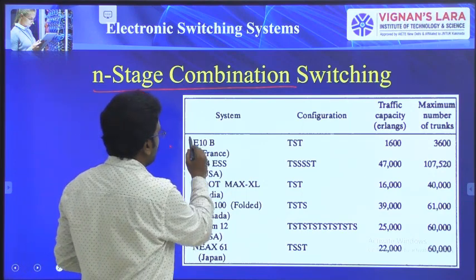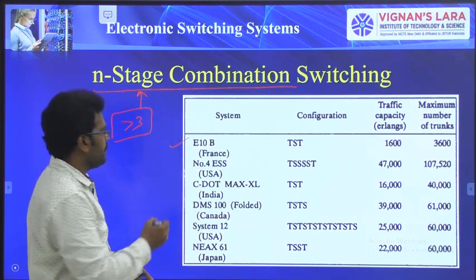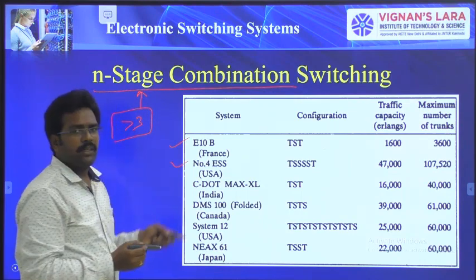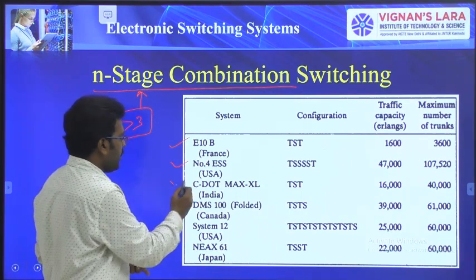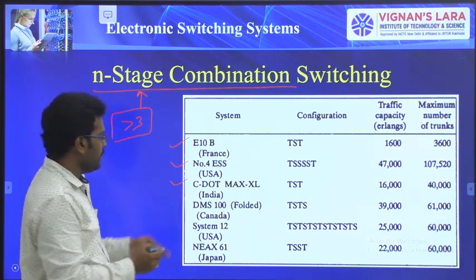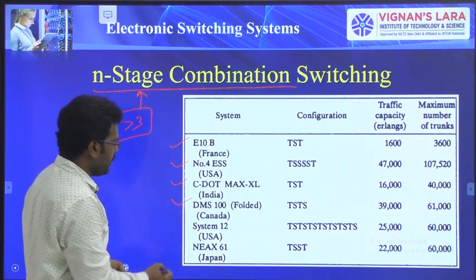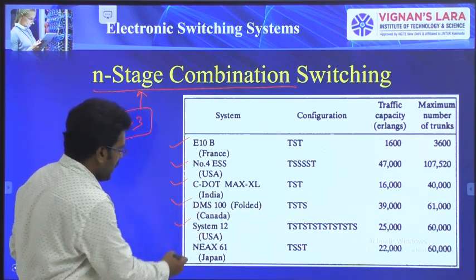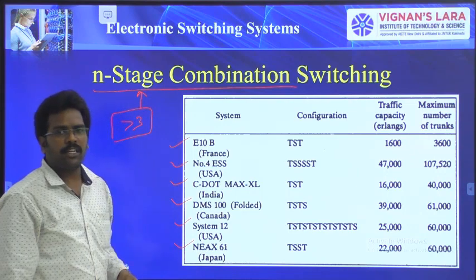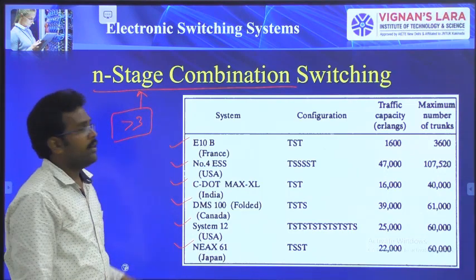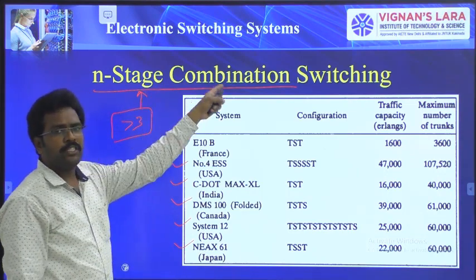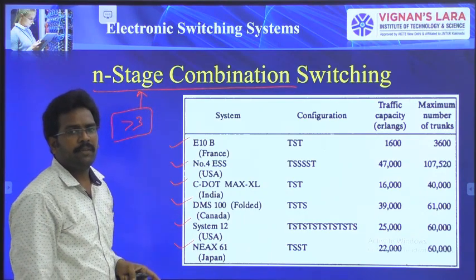The first one is E10B in France, number 4 ESS in US, C-DOT MAX in India, DMS in Canada, System 12 in USA, and NEX-1 in Japan. So these are different n-stage combination switches used in different countries.